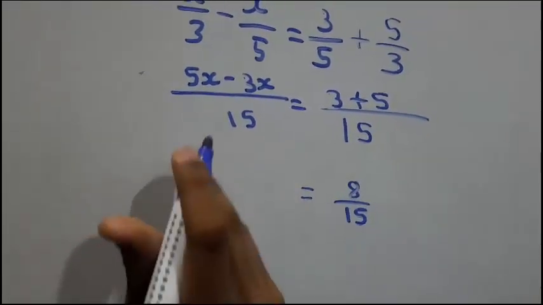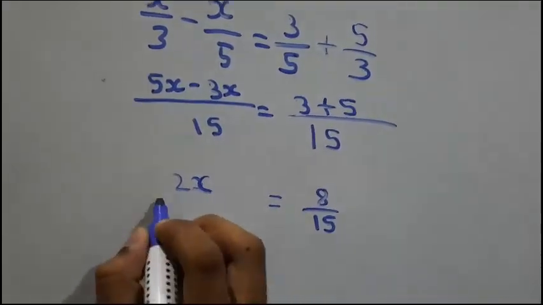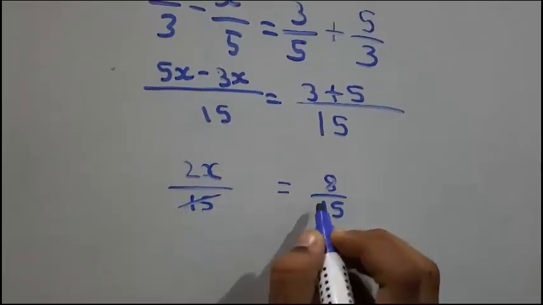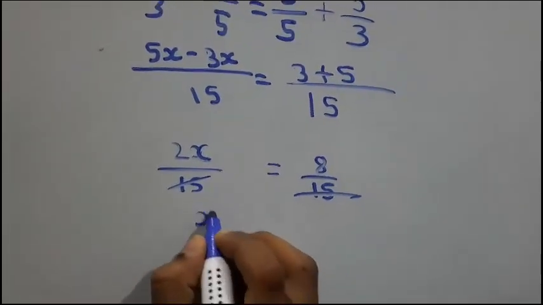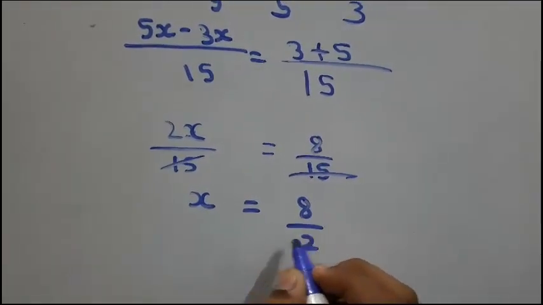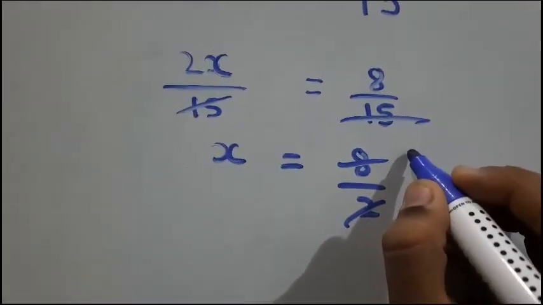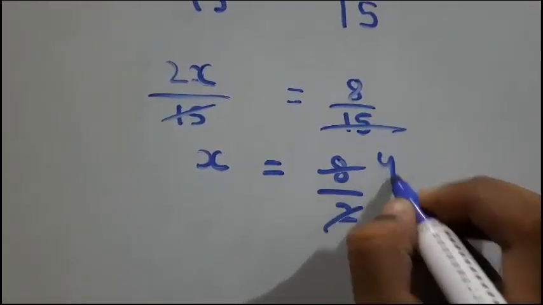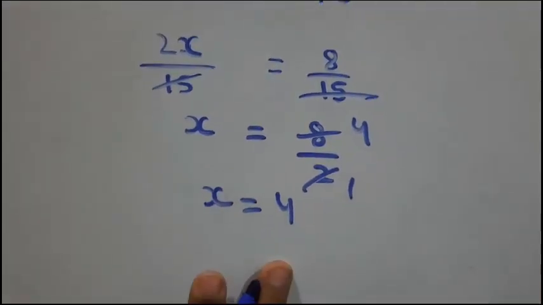We have to do subtraction. We have 2x by 15 equals 8 by 15. 15 cancels. x equals 8 by 2. We can cancel, 2 1s are 2, 2 4s are 8. x equals 4. Third one also is 4.